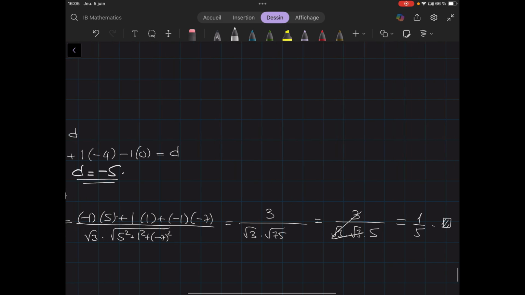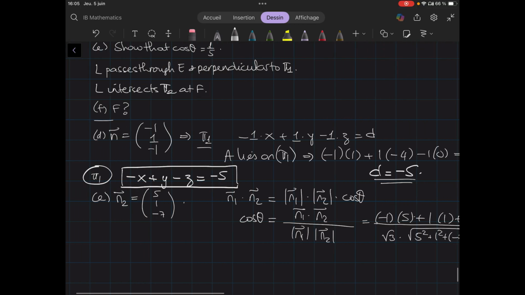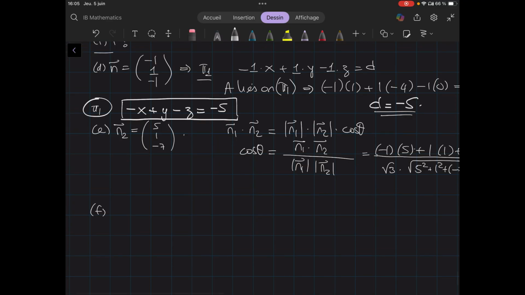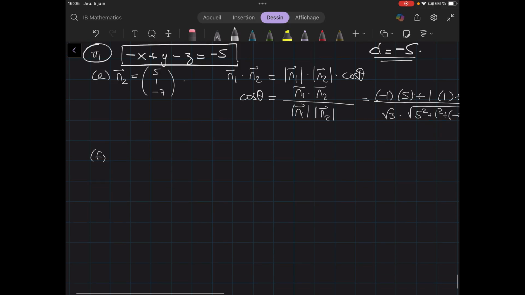The last part of the question introduces a line L. Now this is where sketching the problem can be very useful. We're given this is pi 1. We're given the parallelogram ABCD. We're given that E is the midpoint of this.